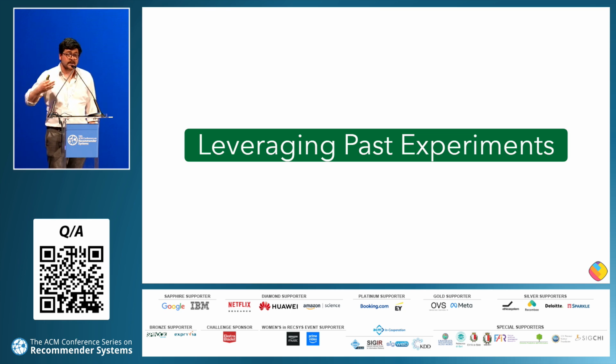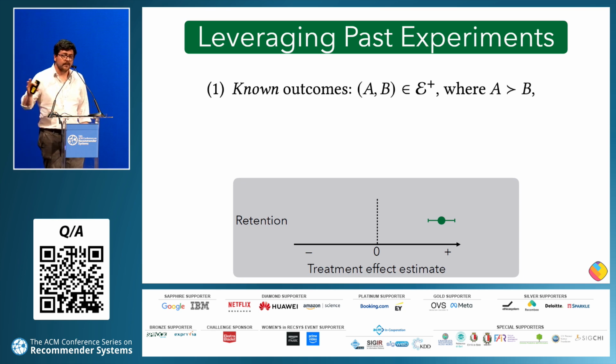We collected a data set of a few hundred past experiments, and you can classify them into 3 different classes. There will be experiments with known outcomes where we know for a fact that the North Star metric moved significantly, so A is better than B, or B is better than A, but then we just relabel what B and A is. That's the first class of experiments that's really important.